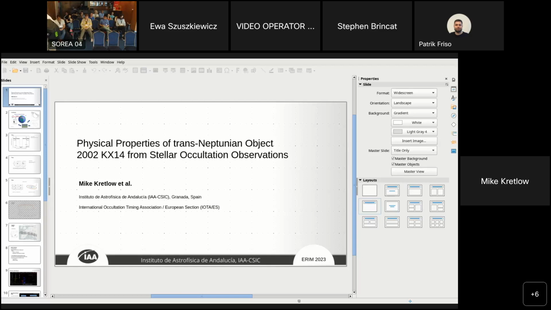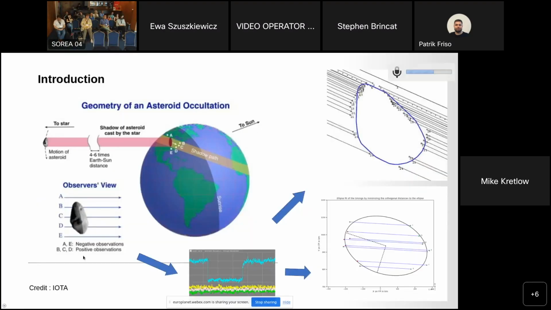So just a brief introduction. I'm assuming that not everybody here knows exactly what's going on with stellar occultations, so let me explain briefly what we are doing. It's basically like a solar eclipse. You have the light from a star, and you have a moving object like an asteroid or a trans-Neptunian object. If this object passes in front of the star, it makes a shadow on the Earth.